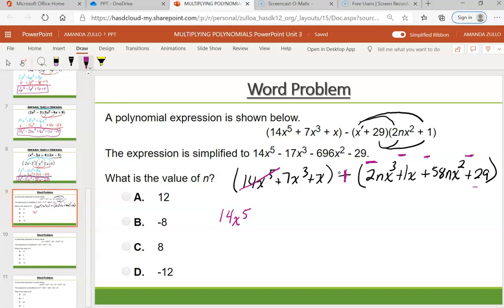Now the next would be an x to the 3rd. And I have a plus 7x^3, still looking for an x to the 3rd. Oh, here's another one. It's negative 2nx to the 3rd. Okay, and no others. So now I'm on to my x to the 2nd. I have negative 58nx to the 2nd.